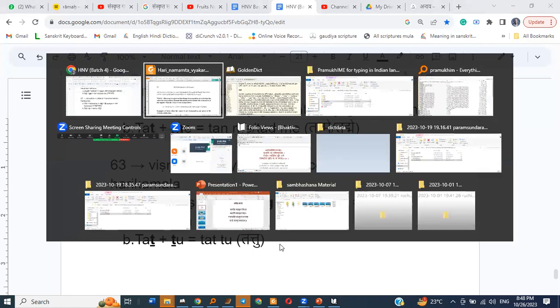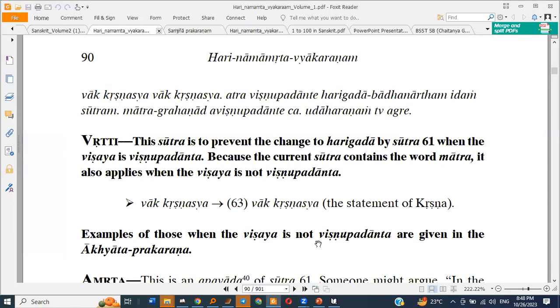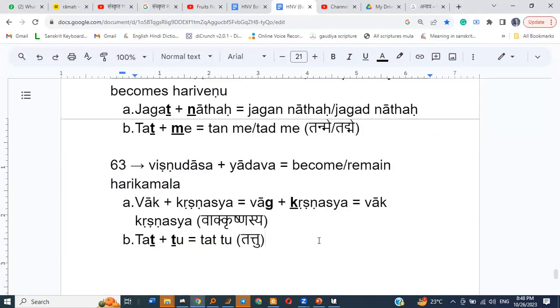So, Prabhu Ji, I had a question. What is the rationale behind changing it first to Hari Gada and then changing it back to Hari Kamala again? Okay, so that was just to say, because the sutra says that if Vishnudasa is followed by a Yadava, it becomes a Harikamala.